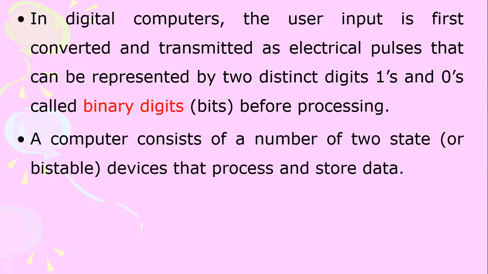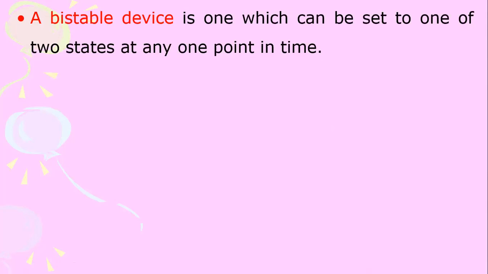A computer consists of a number of two states or bistable devices that process and store the data. A bistable device is one which can be set to one of two states at any one point in time.